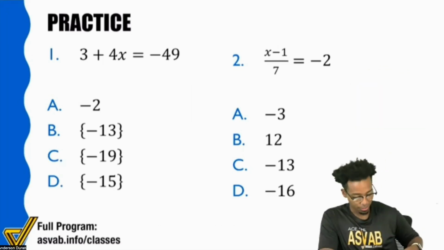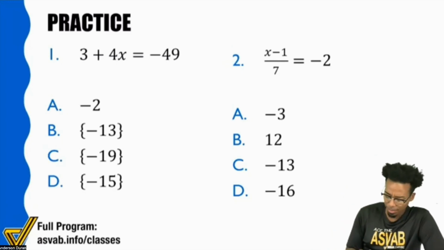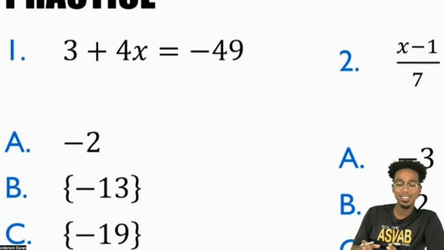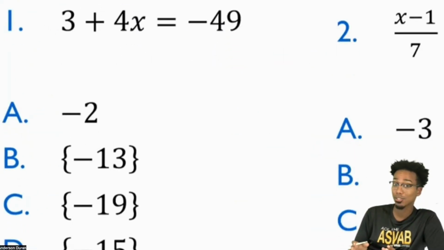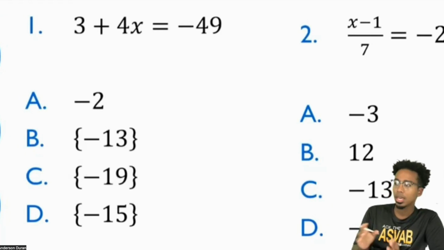Here we go. Practice: 3 plus 4x equals negative 49. Again, everybody, look. I'm going to draw my little boxes here, and these boxes are not just for decorations. They're actually going to be very helpful. Once you get used to it to the point where you know what you're doing, you can go away from doing the boxes. Honestly, what I want you to get to is being able to do this without even writing anything down.